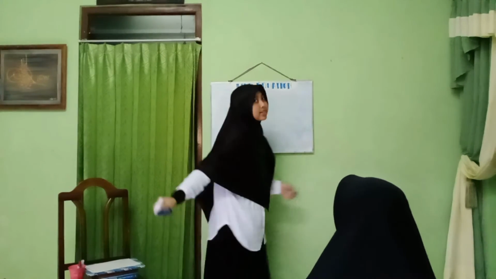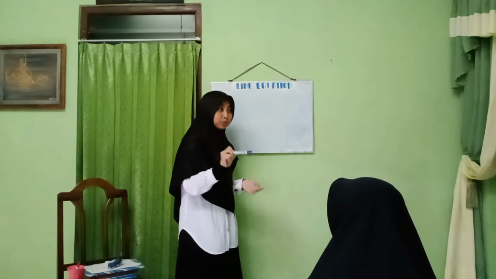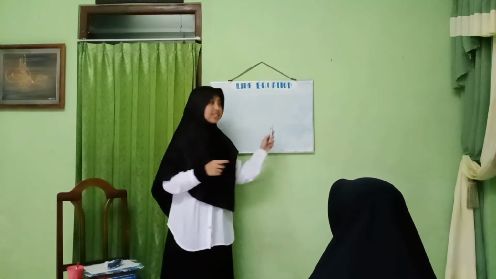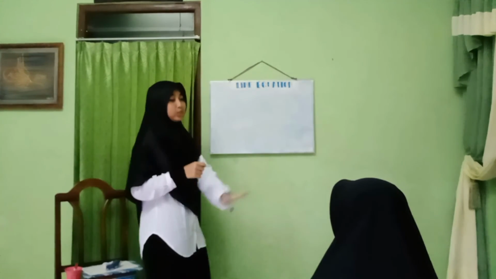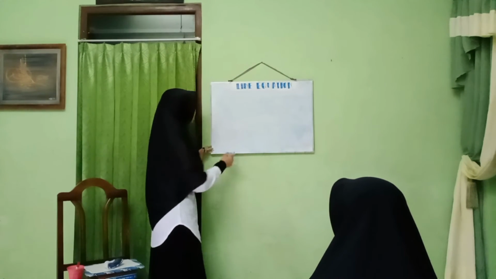Before I start the quiz, I'll give you a warning that one of you has to solve this in front of the class. Not in your notebook, but in front of the class, okay? Just one.